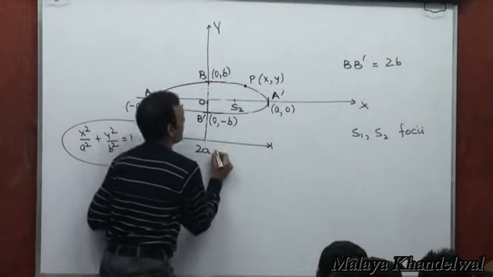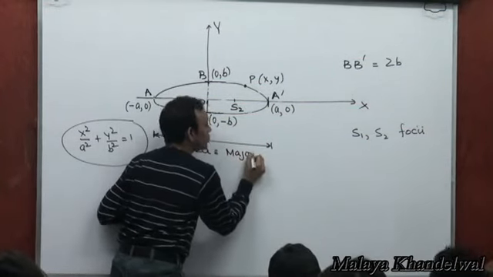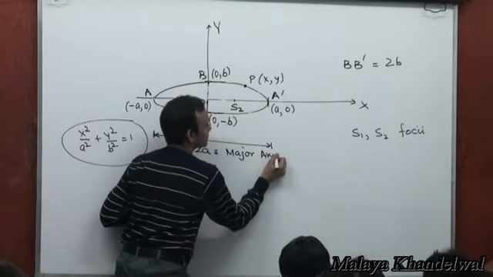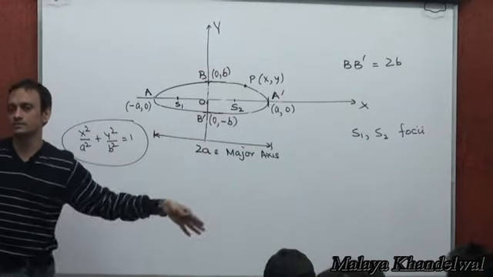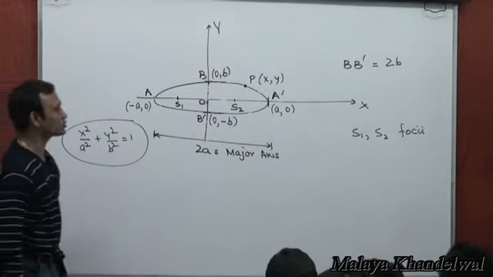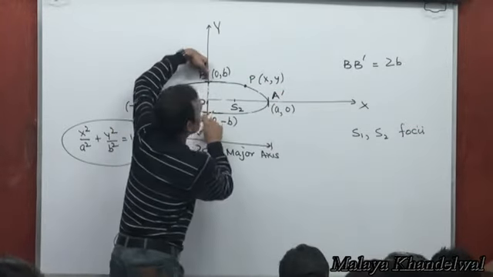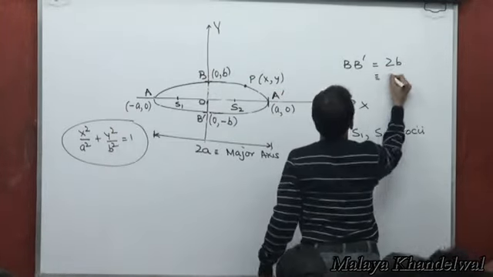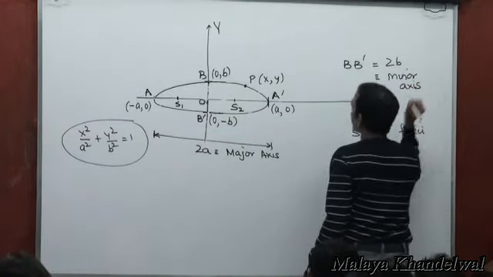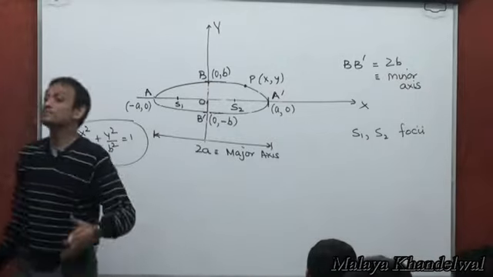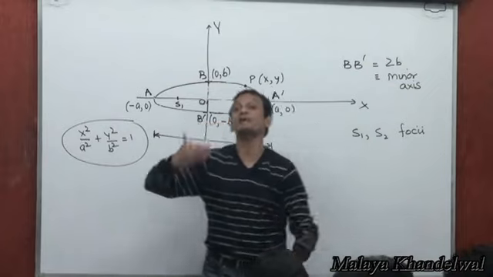The length 2a is called the length of the major axis, or simply the major axis of the ellipse. The distance across the extremities A and A prime, that's 2a, is called the major axis. And this 2b is called the minor axis. Small a is called the semi-major axis. Small b is called the semi-minor axis.